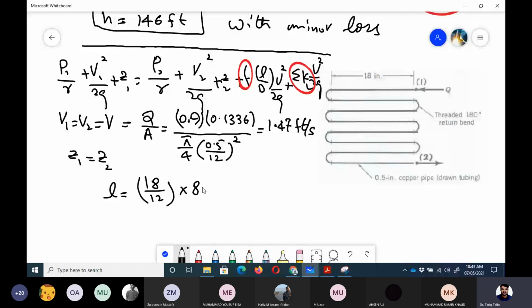So it would be 12 feet, because 1.5 into 8 is equal to 12 feet. And now we need to calculate the value of the friction factor. For that we need the Reynolds number, which is equal to V into D upon kinematic viscosity.